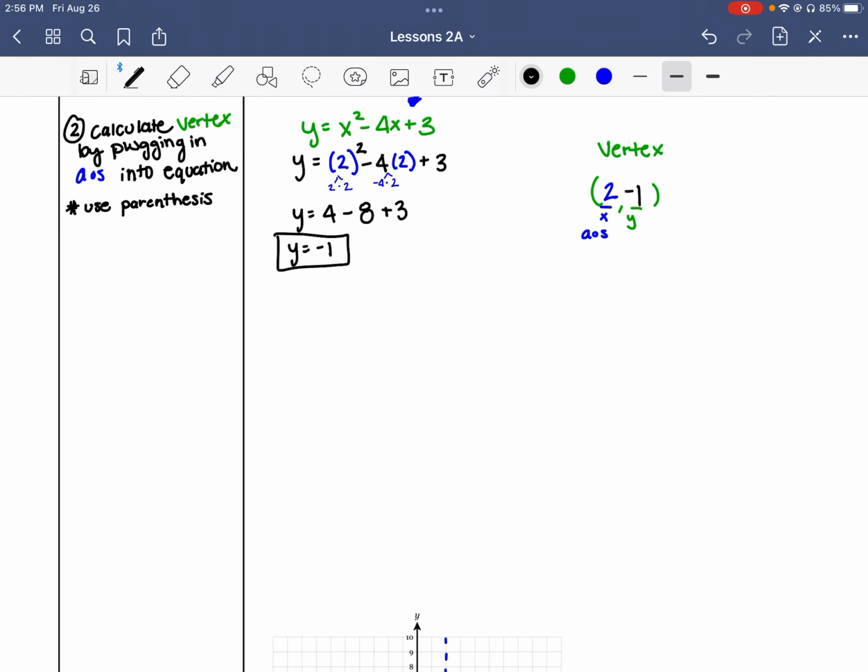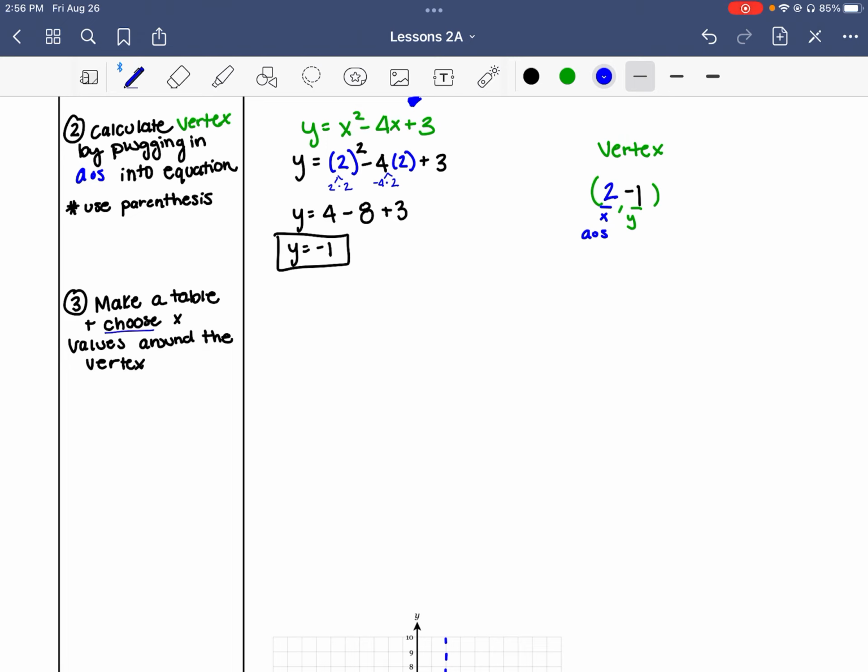Now, step 3. I'm going to have to choose, okay, maybe I back up. We're going to make a table and choose x values around the vertex.